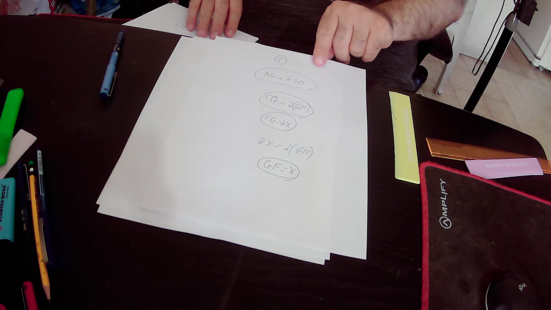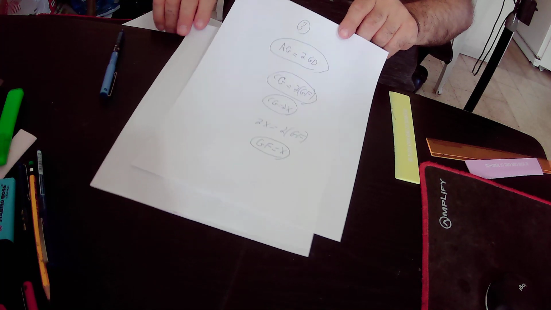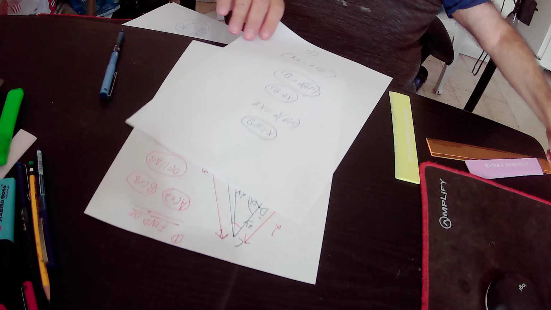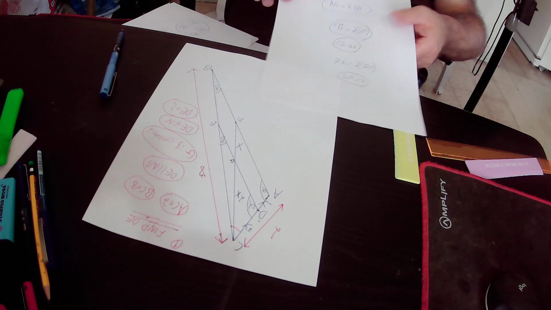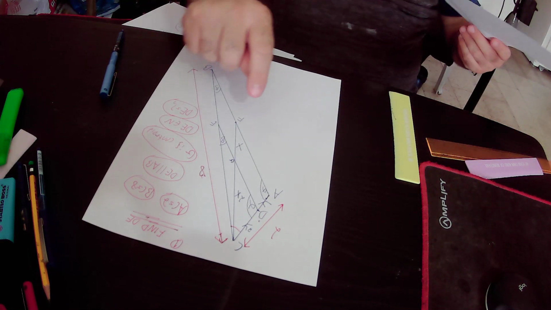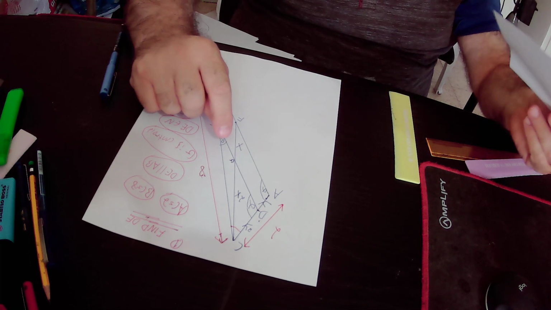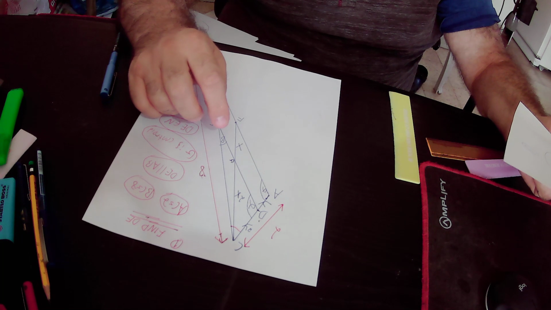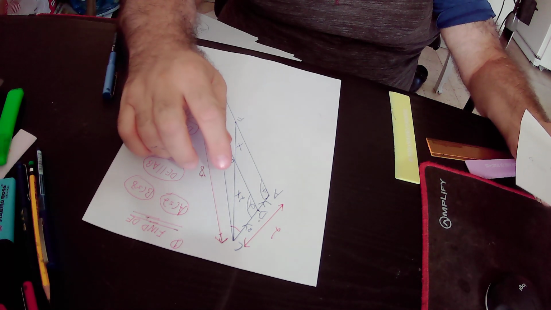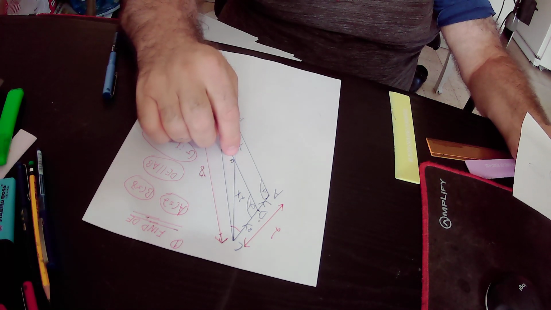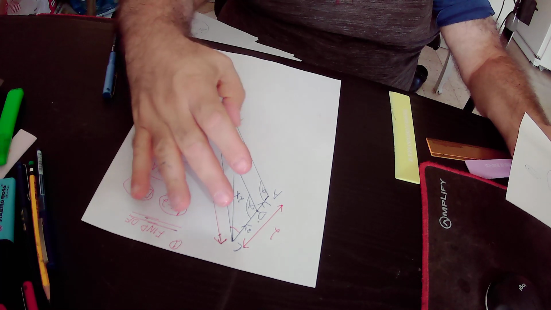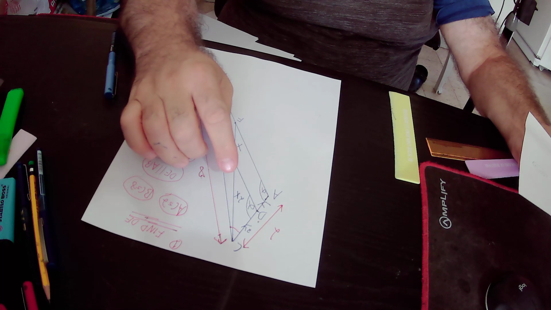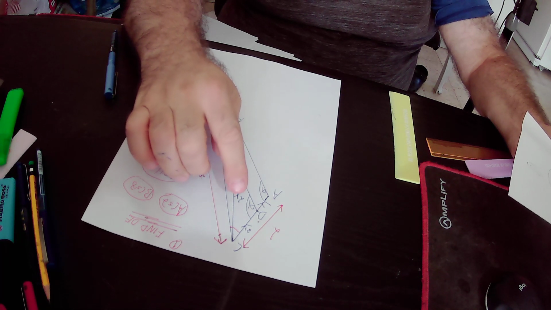So we can implement this rule in our triangle ABC. We know that G is the centroid of triangle ABC. Therefore, the centroid G divides the median CF in a ratio of 2 to 1.